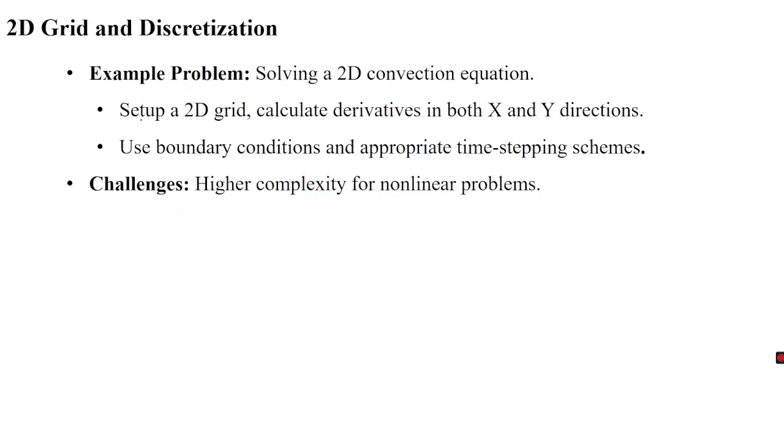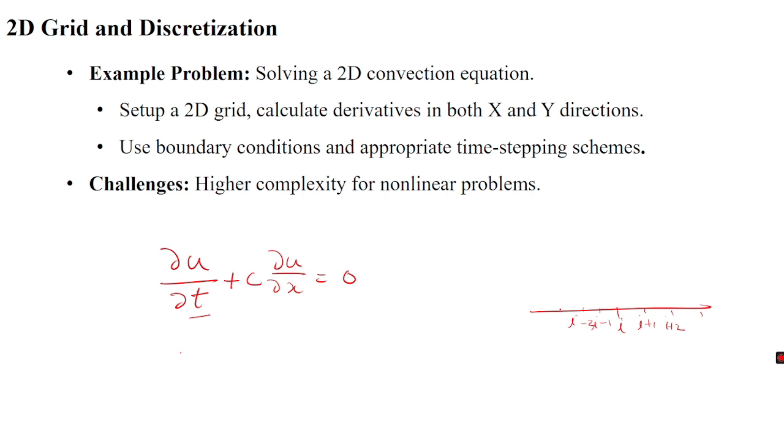This is the equation. What is the equation we have? We have ∂u/∂t, which is the temporal derivative, plus c ∂u/∂x, which is 0. If we want to discretize the derivative, how can we discretize? That is the time step, the temporal derivative. So for the particular situation, suppose I have i, so this will be i plus 1, i plus 2, this will be i minus 1, i minus 2, and so on.